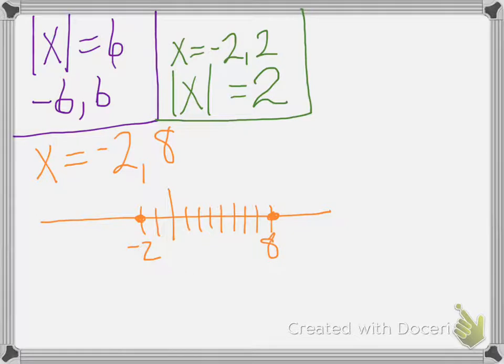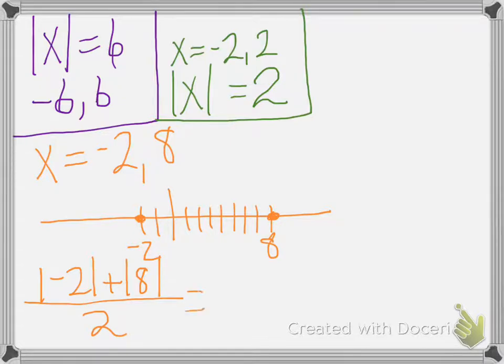There's 8, right? Okay, now the first thing I'm going to do is take the absolute value of -2, add it to the absolute value of 8, and divide it by 2.